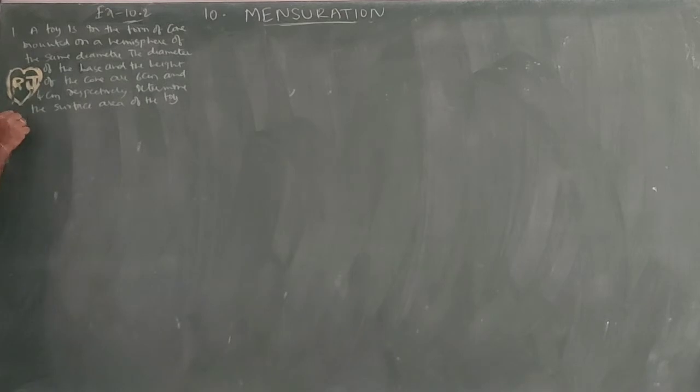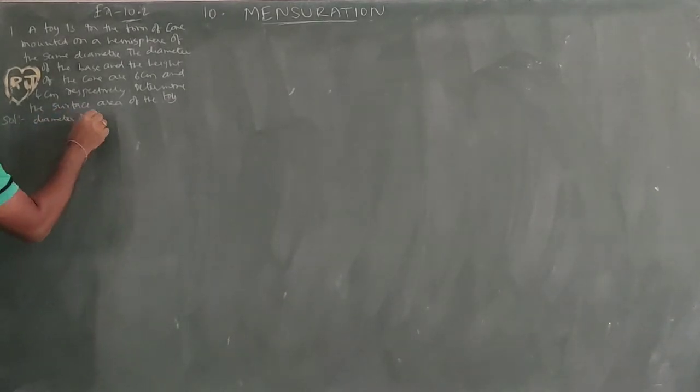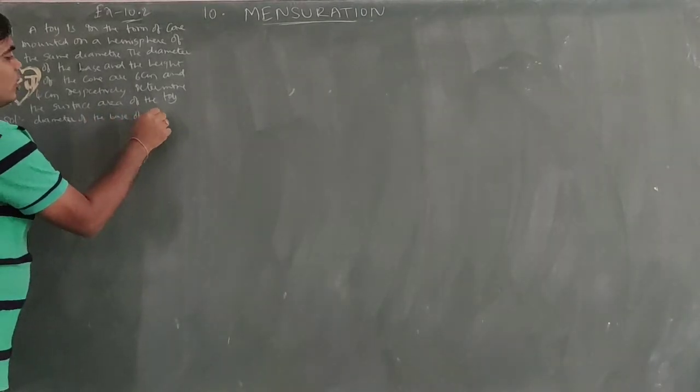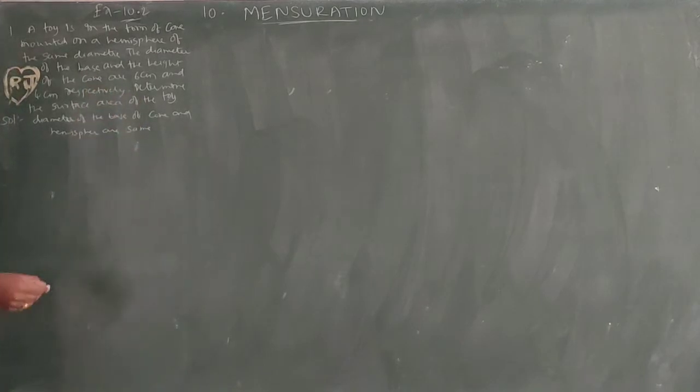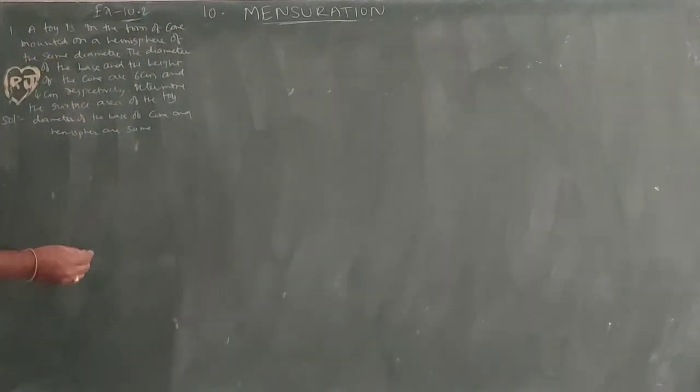First, solution. The diameter of the base of the cone and hemisphere are the same, so the radius is also the same.